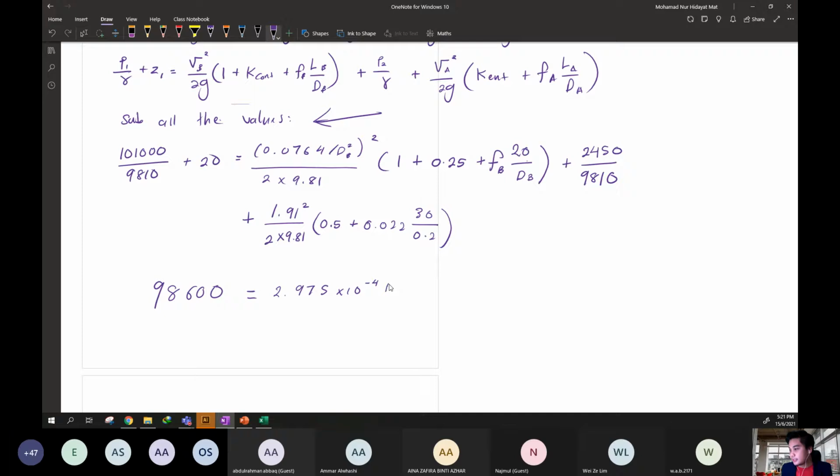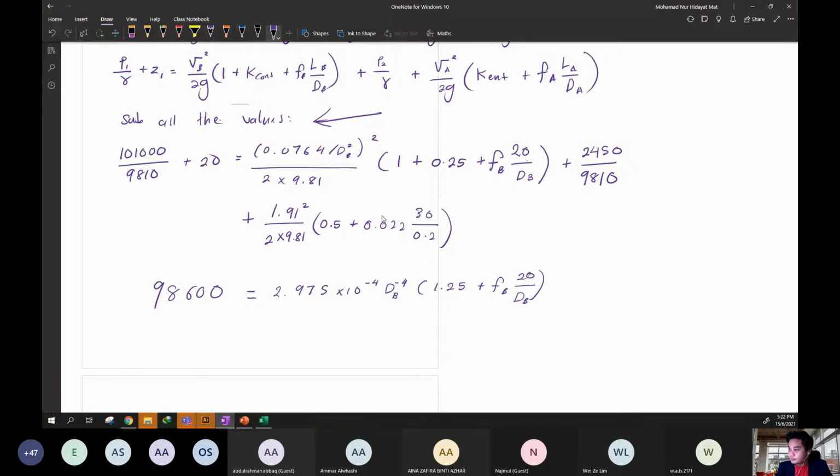This is -4 because this is the power of -2, and this is 2. And then this is 1.25 plus FB, 20 over DB. And then solve this one.